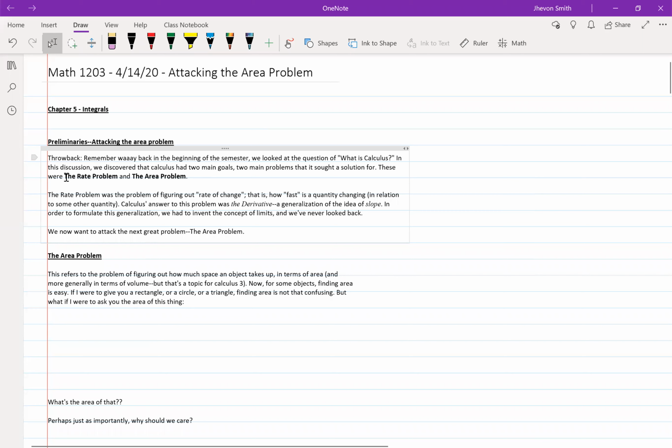So the rate problem is kind of what we've been dealing with this whole time. And it was the problem that basically said, okay, how fast is this thing changing, right? So the rate problem was a question of figuring out the rates of change of some quantity that you're interested in and that you're measuring. And we saw that the derivative was the solution to the rate problem.